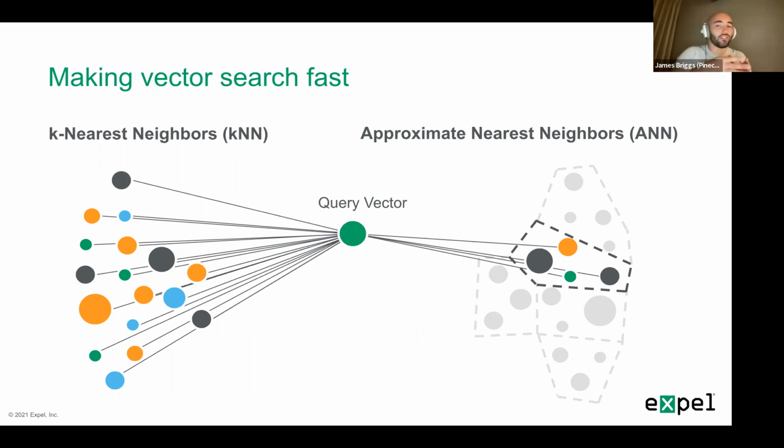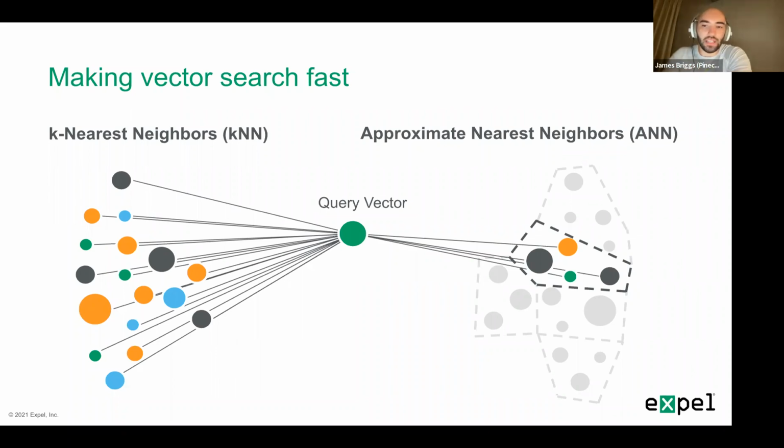So we're not actually searching through the whole index, but we're identifying which vectors are within a similar range to our query vector. And we then restrict our search to only those vectors and compare between our query vector and that restricted range, which obviously means we can perform the search much faster.